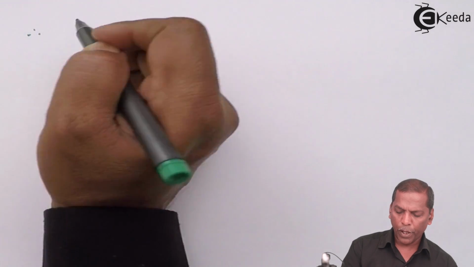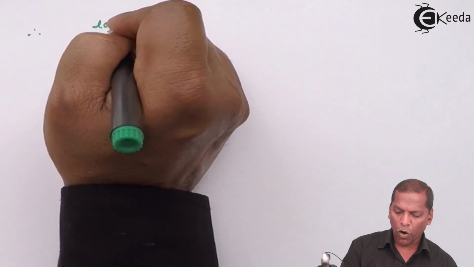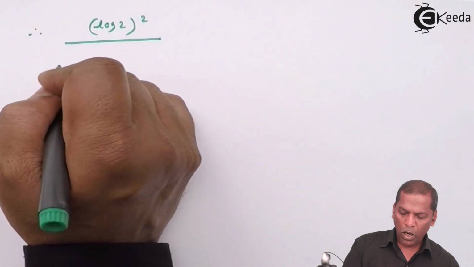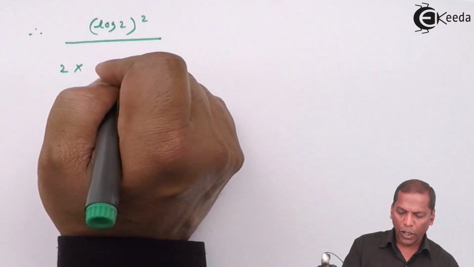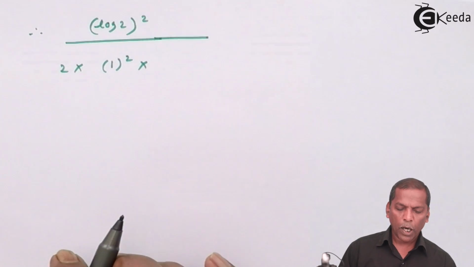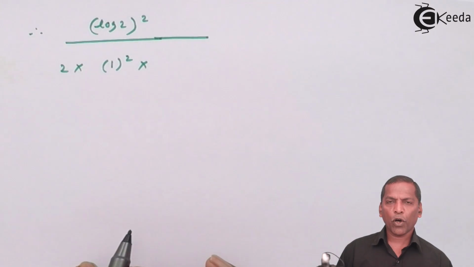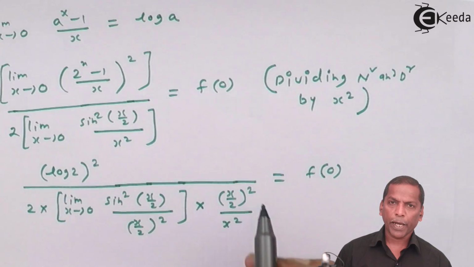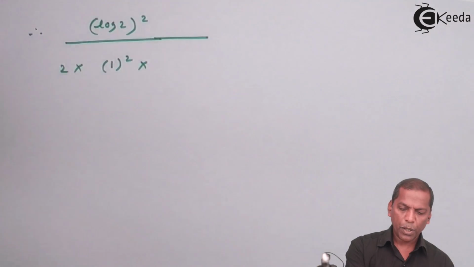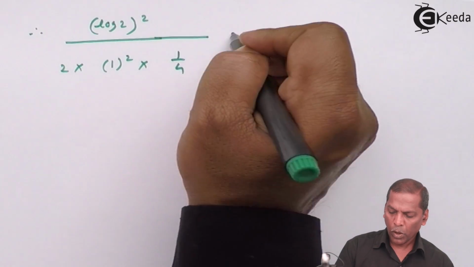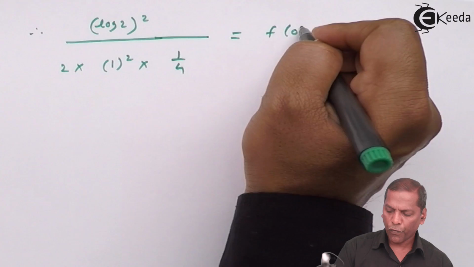So the next step will be we get (log of 2) the whole square in the numerator upon 2 into 1 the whole square in the denominator into, now here we cancel x square from numerator and denominator, so we are left with only (1 by 2) the whole square, which gives us 1 by 4, and that equals f of 0.